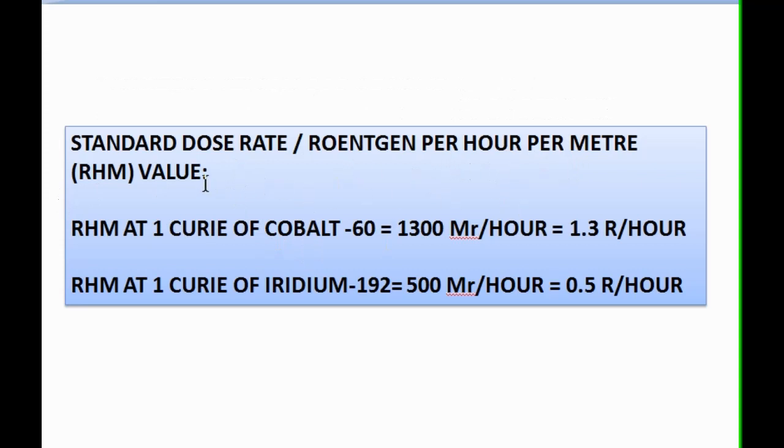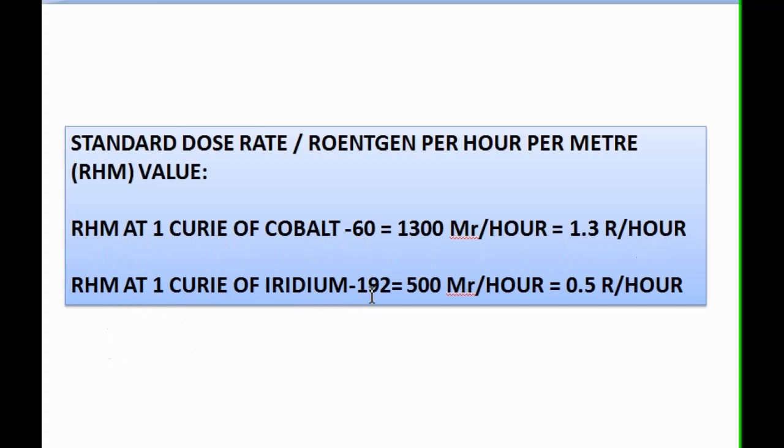For example, of the 2 isotopes we have seen, cobalt 60: RHM at 1 Curie of cobalt 60 is equal to 1300 mR per hour, otherwise 1.3 Roentgen per hour.